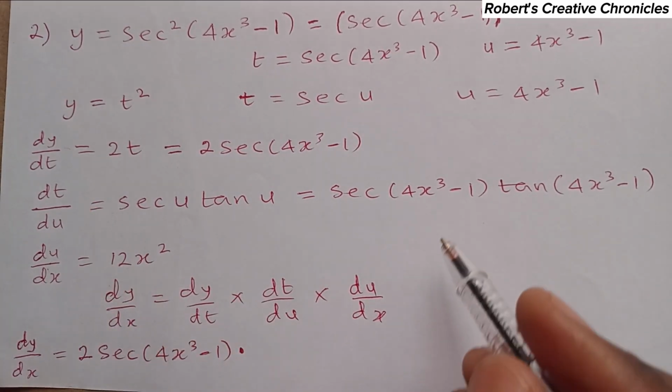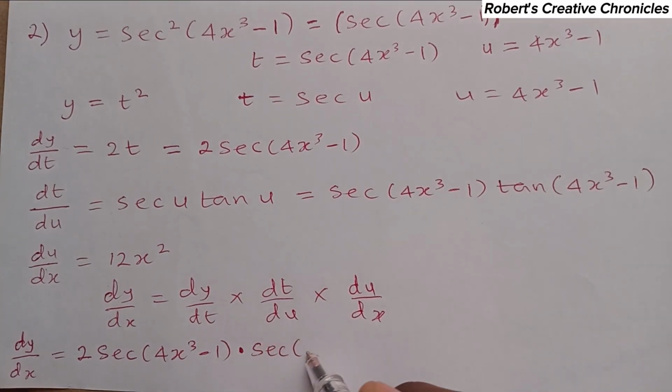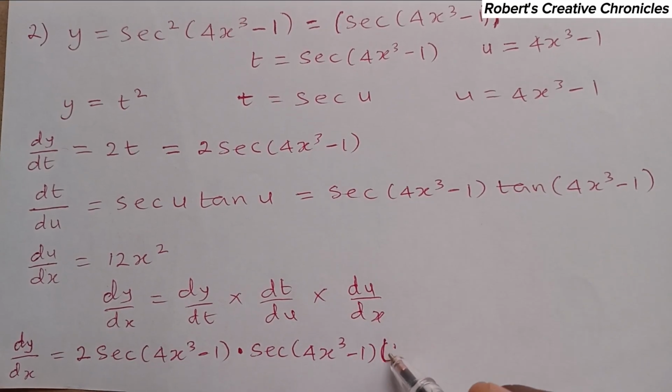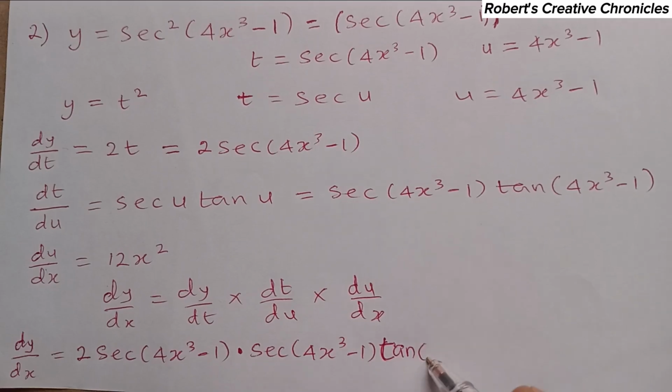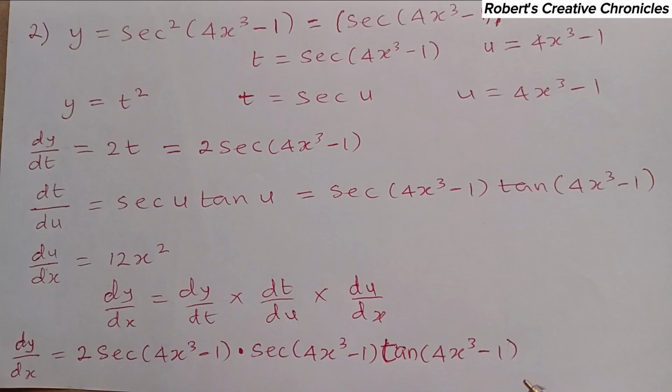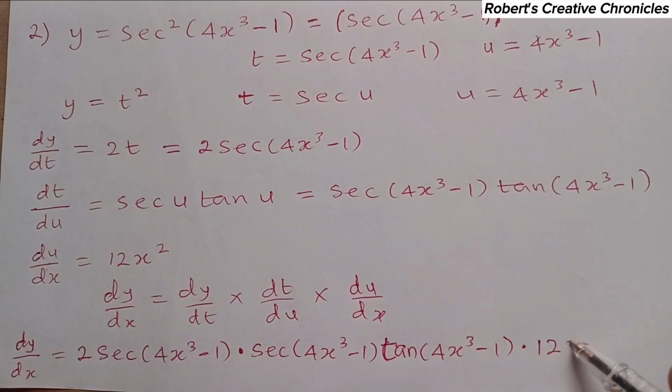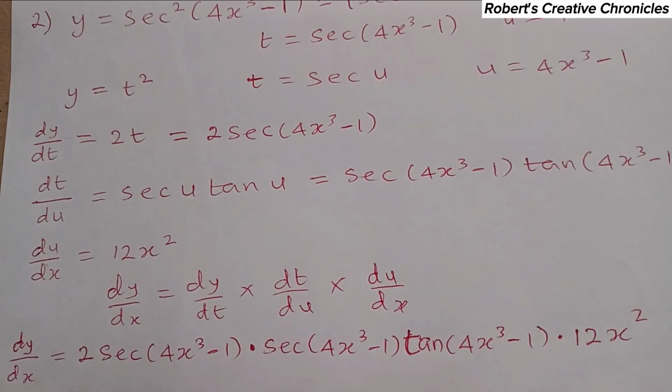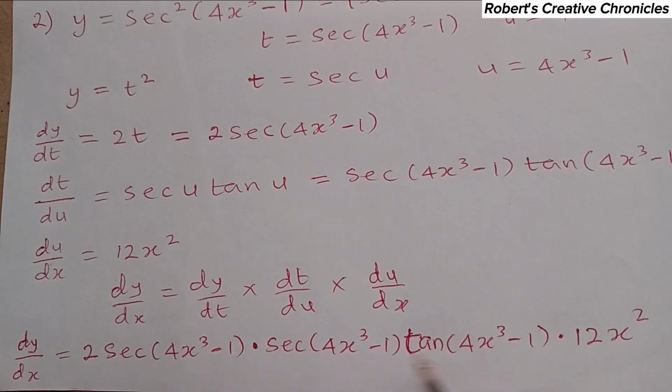Then dt du is what? Sec(4x cubed minus 1) tan(4x cubed minus 1). Then times the last one, which is 12x squared.